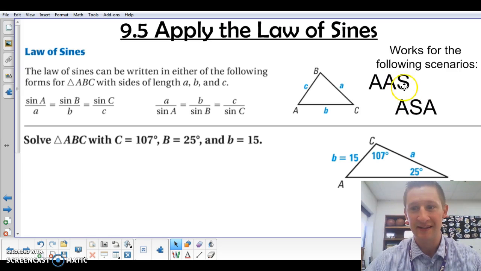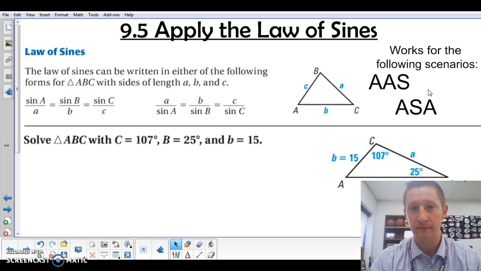The first one has the side not in between the angles, which means I know perhaps angle B, angle C, and side B. Or in the ASA or angle side angle case, I know an angle, perhaps B, and a side, perhaps little a, and an angle, C. So the side is included in between the two angles.